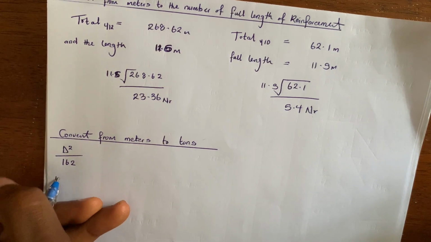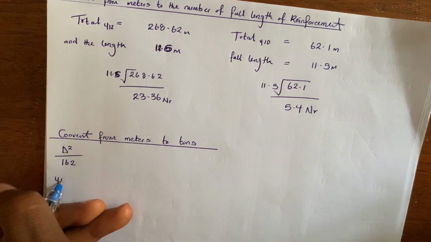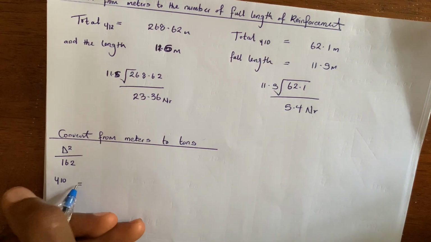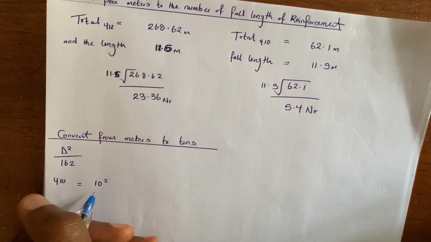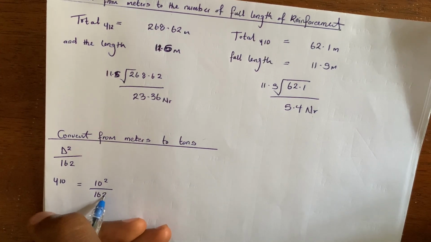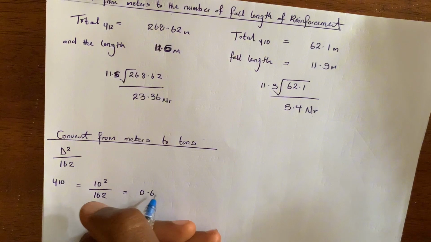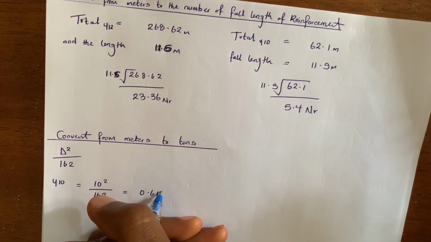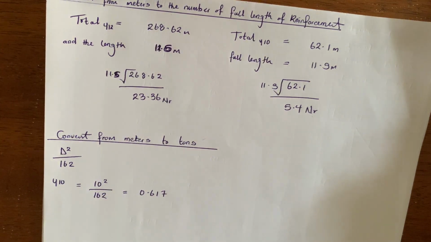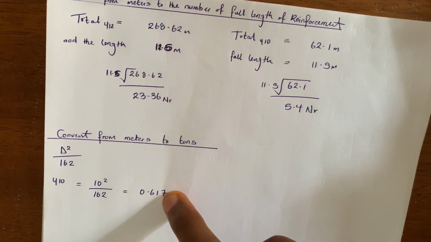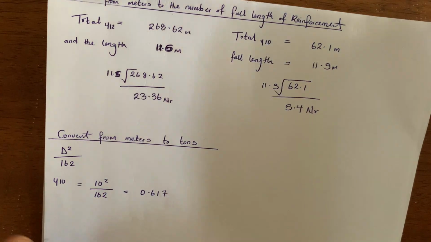So if it was Y10, we are going to be saying 10 square divided by 162, and that will be giving us 0.617. This will be the conversion constant for Y10.